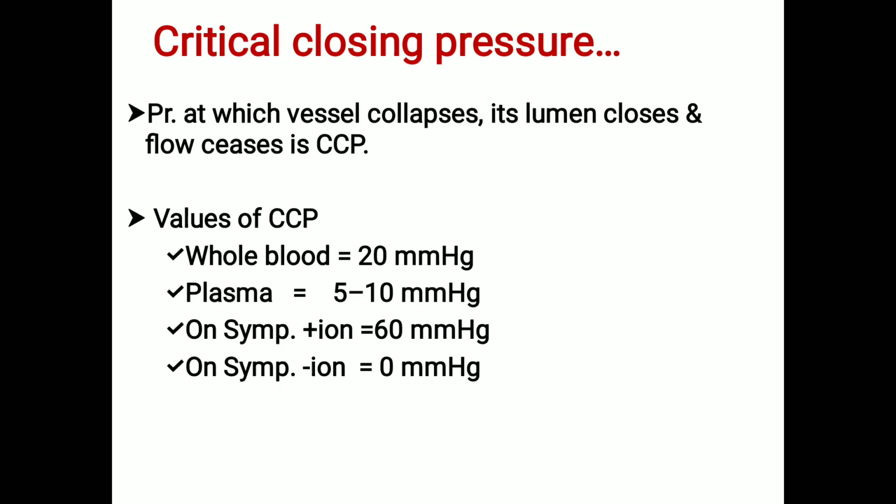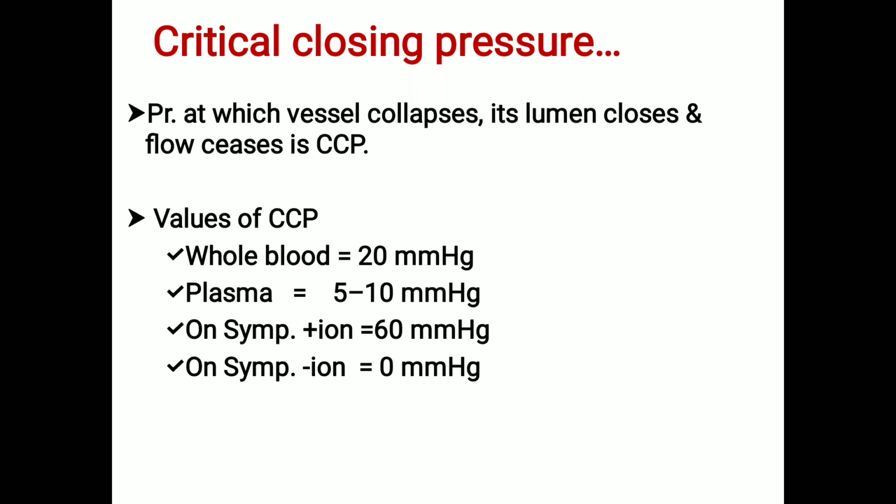So the various factors that influence the resistance: one is the radius of the blood vessels, the length of the blood vessel, and the viscosity of the fluid. So three important factors: radius, length and viscosity. Generally the length does not change much, so we can ignore it; the length of the blood vessel does not alter in the body.